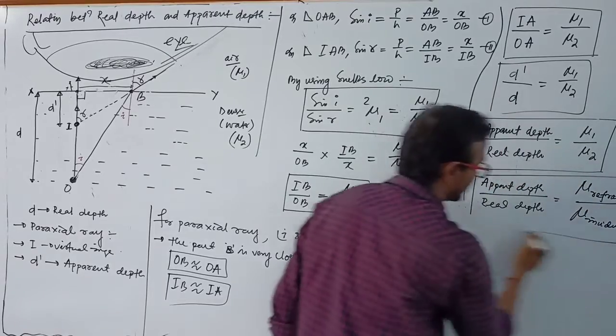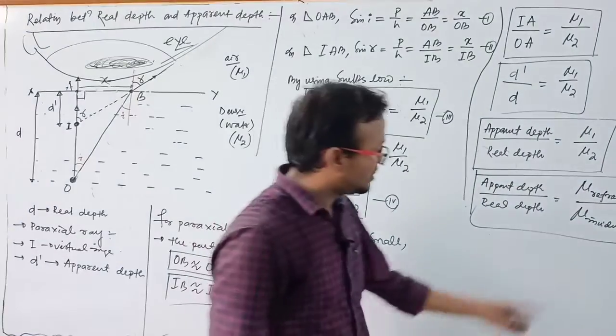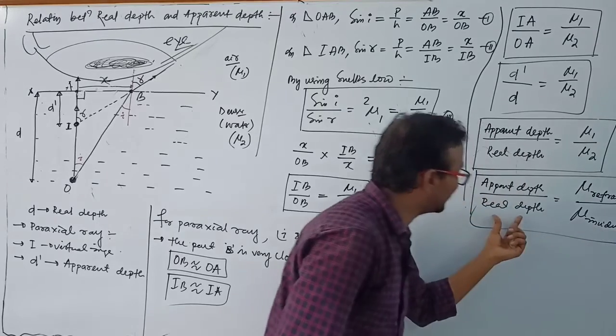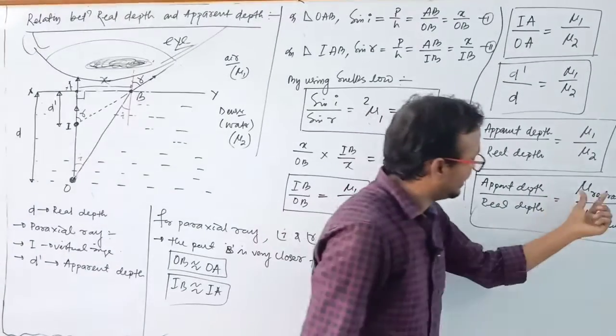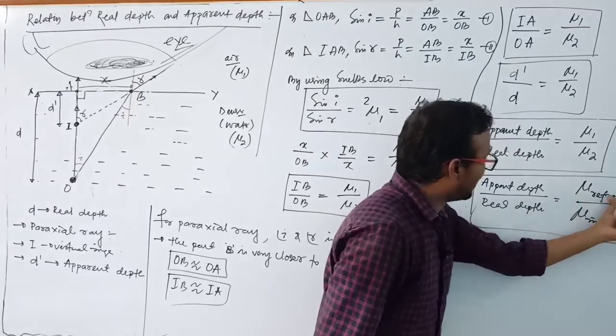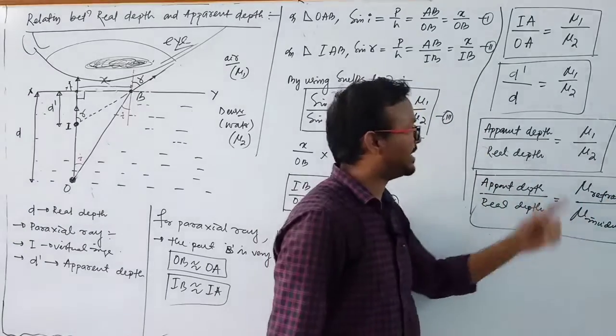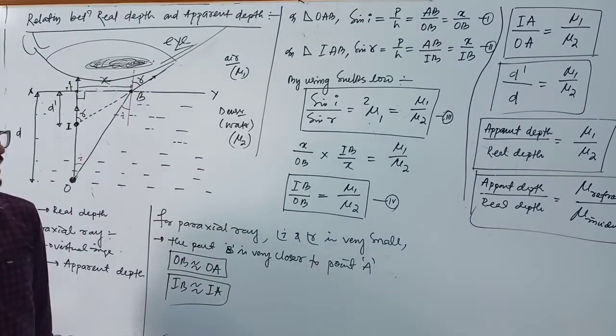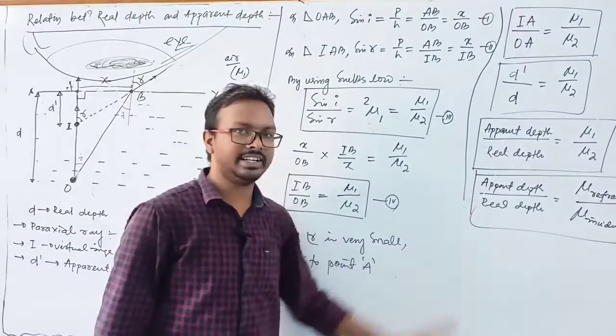You have to remember this concept here. So the refractive index for the incident ray relates to real depth, and the refractive index for the refracted ray relates to apparent depth. This is the relation between the refractive indices of two different media and real depth and apparent depth.